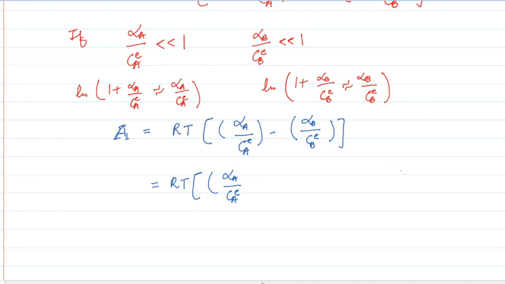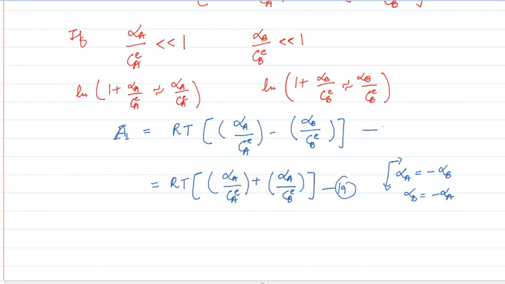We know, basically we have derived, that alpha A is equal to minus alpha B. So in place of alpha B we will put minus alpha A, so minus minus will be plus, and you can write simply alpha A upon CB equilibrium. Okay, so this is equation 19 and this is 18.